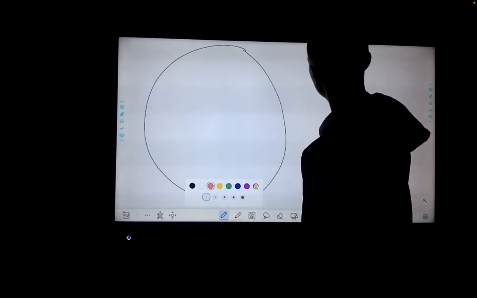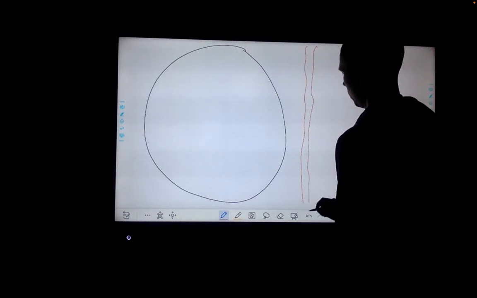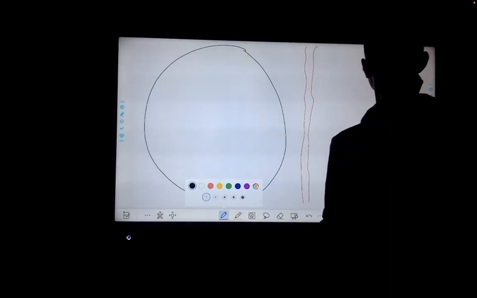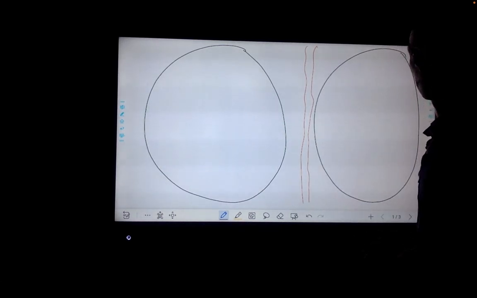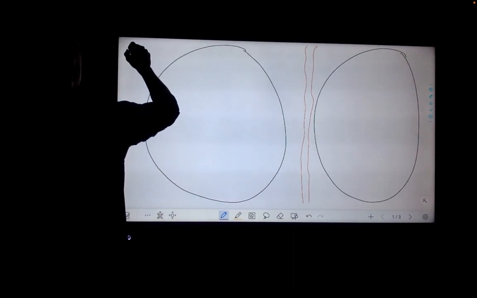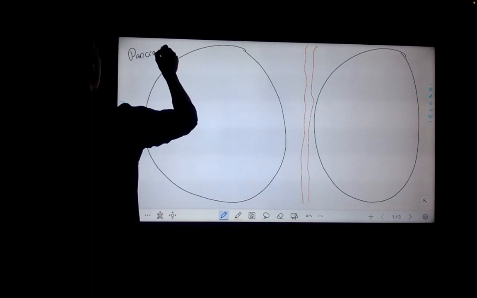So one picture on the left is going to be your pancreatic beta cells, and the one on your right could just be a muscle cell. The red stream in the middle is going to be the bloodstream. You could draw that on one or both of your pictures.